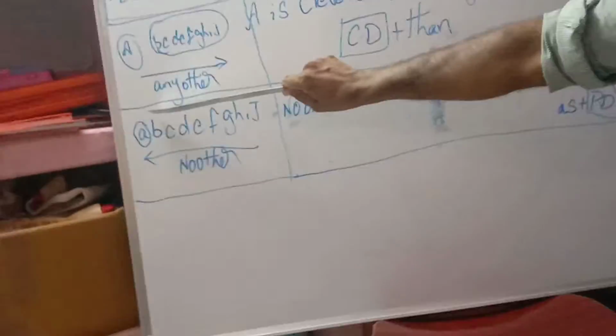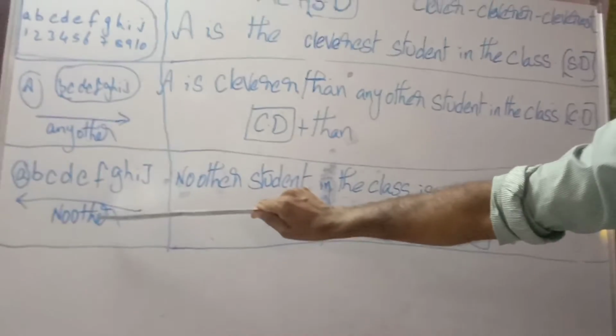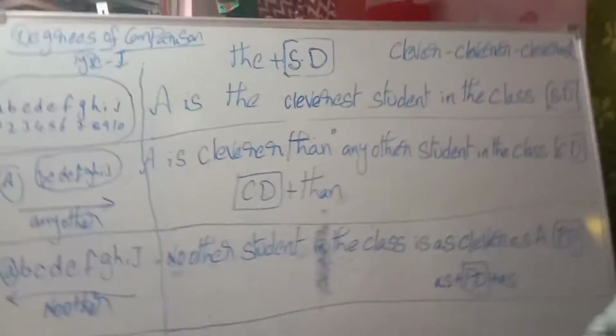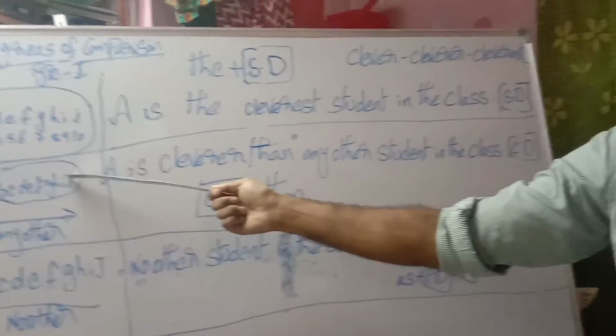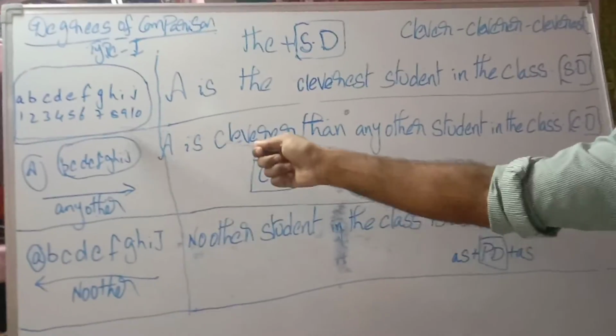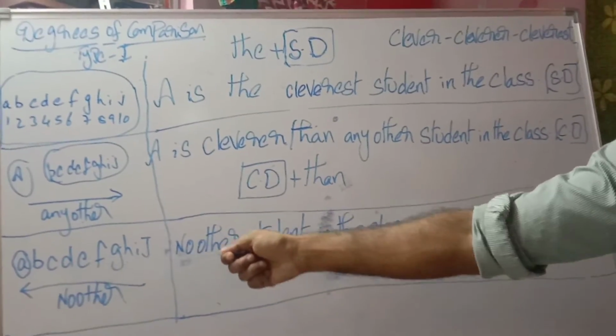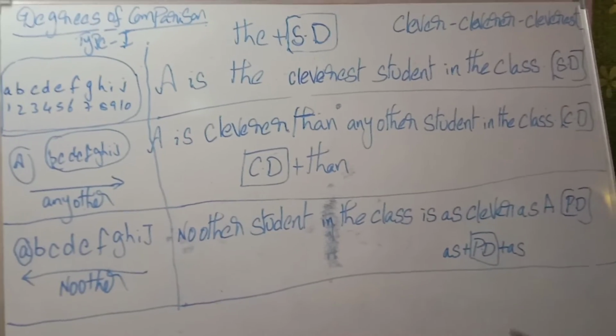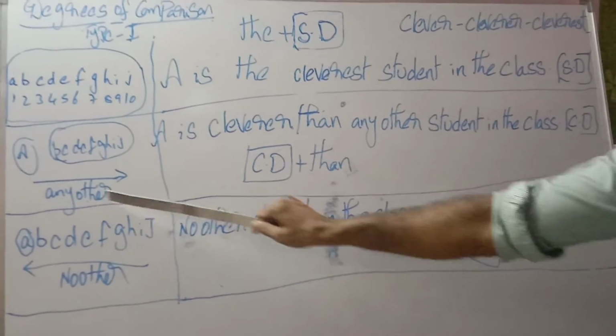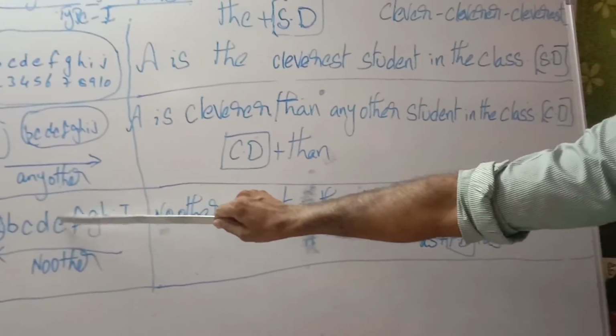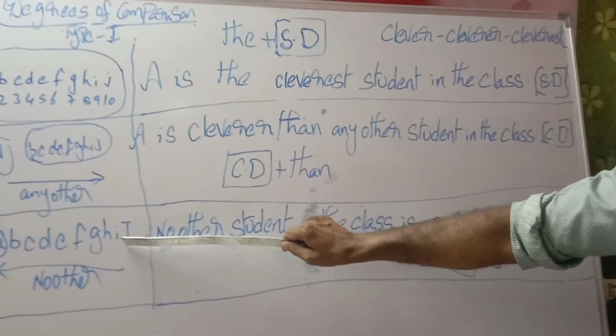Now this group, the entire remaining group, the name is "no other". If it comes from this side, the name is "any other" for comparison. When it comes from this side, for positive, the name is "no other". So no other student, B, C, D, E, F, G, H, I, J, got the first rank.